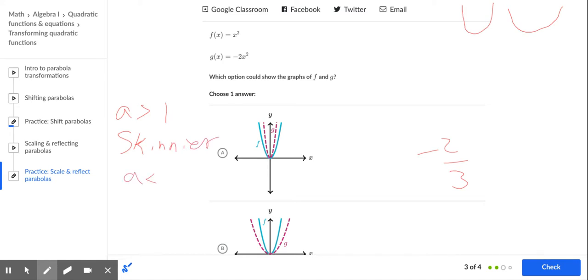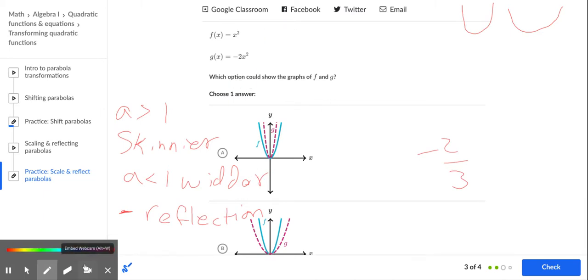A less than 1 is wider, and then the negative is a reflection. So those are the things that you're looking for in this type of question.